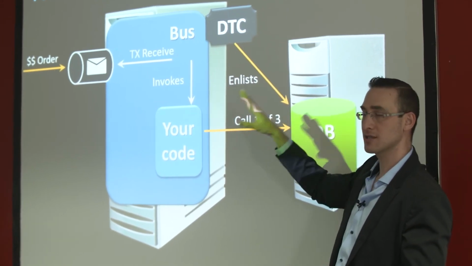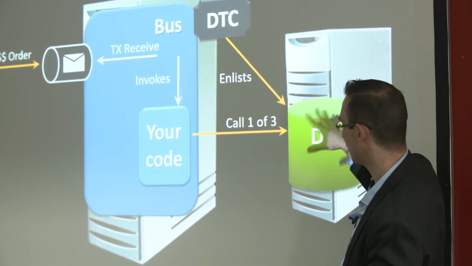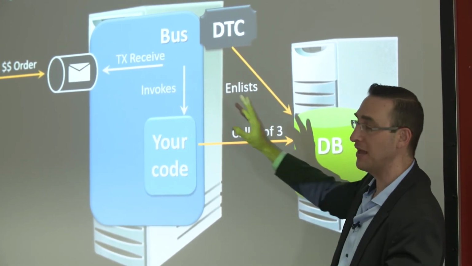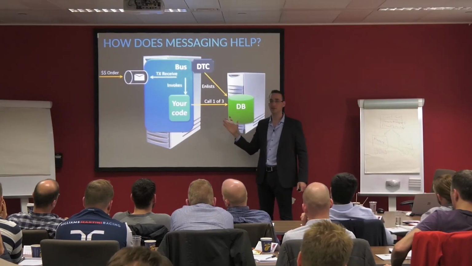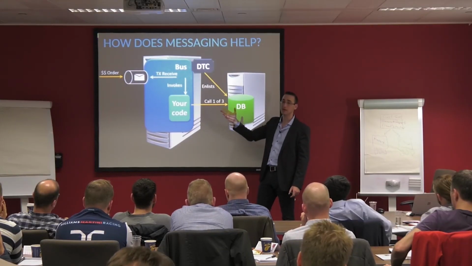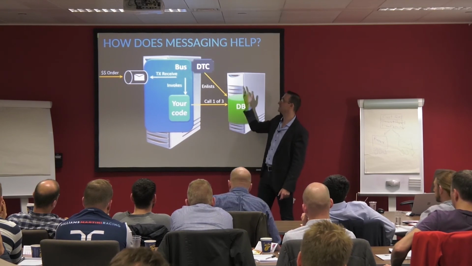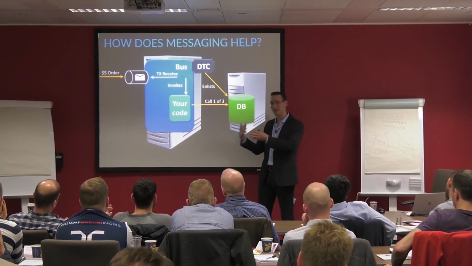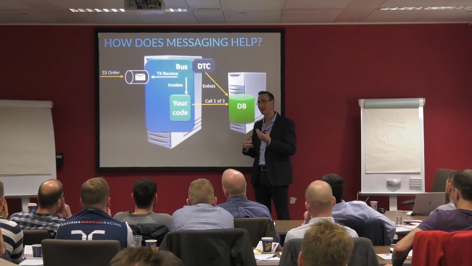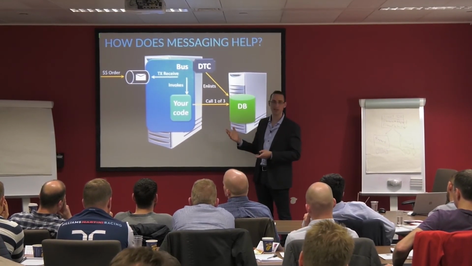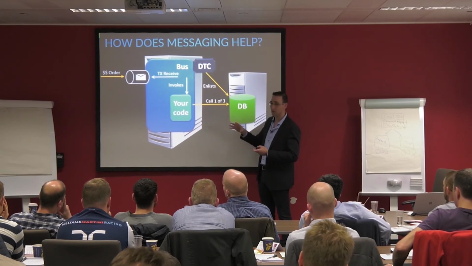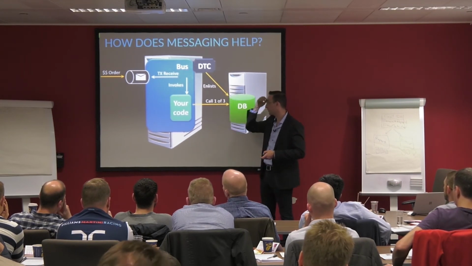So if you're using NServiceBus with MSMQ and SQL Server, Oracle, etc., then distributed transactions are going to work out of the box, and this is going to be fine. If you're using, say, RabbitMQ, then RabbitMQ doesn't enlist into DTC. In NServiceBus, we have other features to give you a similar type of reliability behavior as distributed transactions would. So you don't have to worry about how all of that works right now.